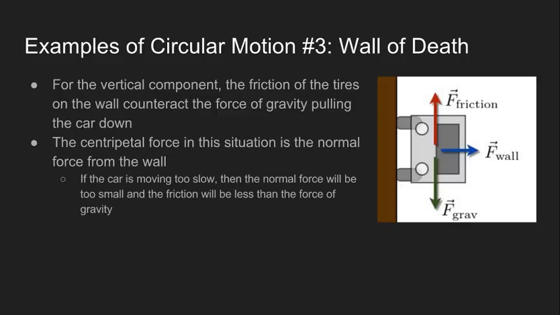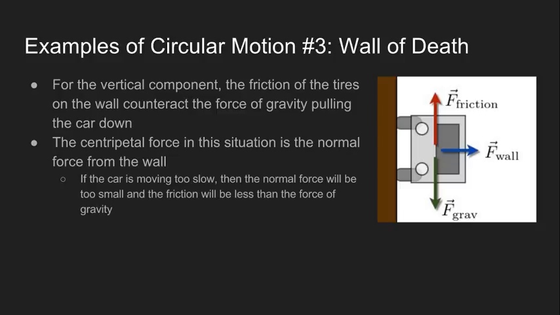So what happens is, as you move faster on the wall of death, if you remember, mv squared over r was our equation for the centripetal force. As you increase v, which increases quadratically because of the v squared, your normal force is the centripetal force.